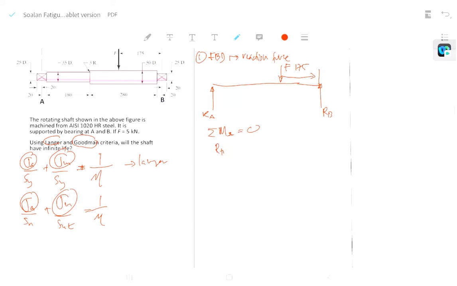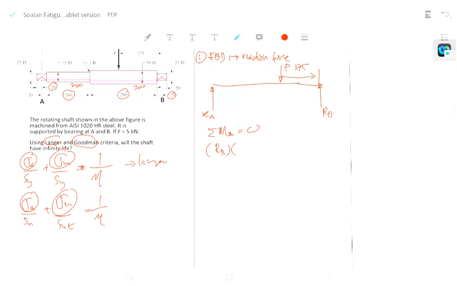So RB times 500, this 20 plus 280, 300, then 20 plus 180, this 200, this is 300, total 500.